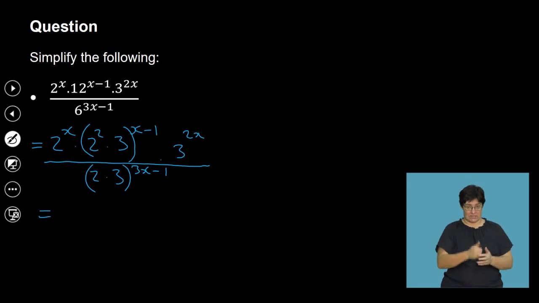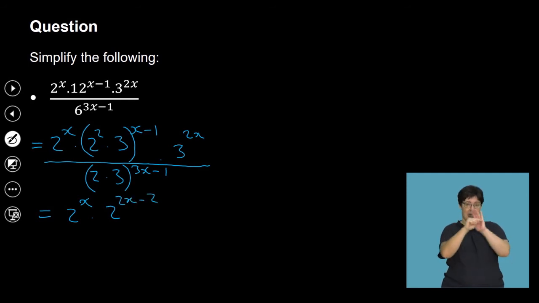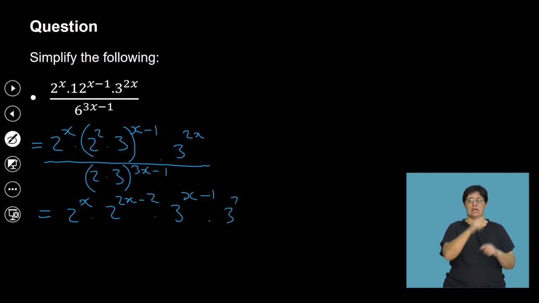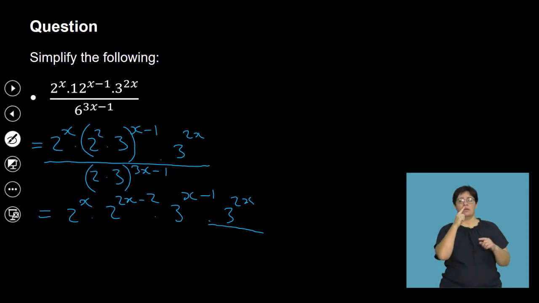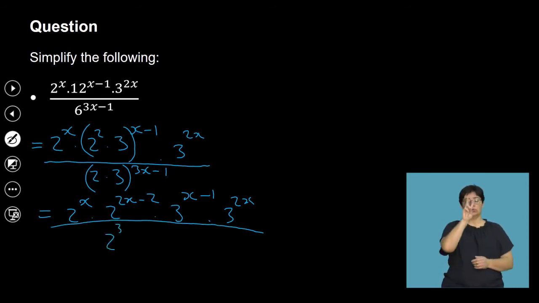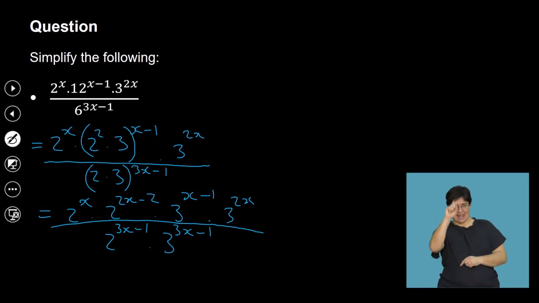So this will then be 2 to the exponent of x times 2 to the exponent of 2x minus 2 times 3 to the exponent of x minus 1 times 3 to the exponent of 2x. And then all of this is divided by 2 to the exponent of 3x minus 1 times 3 to the exponent of 3x minus 1.